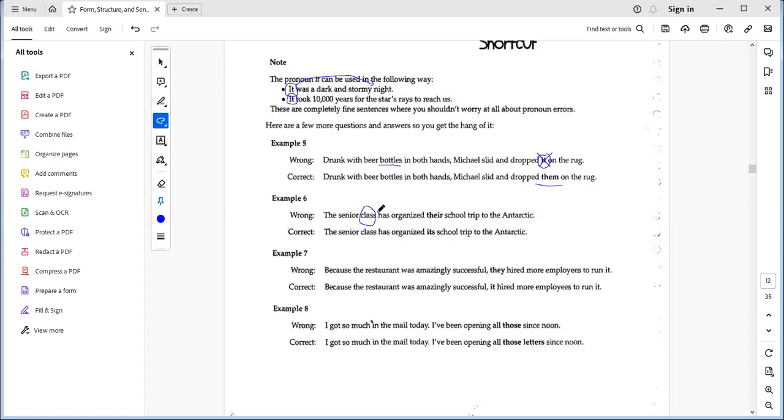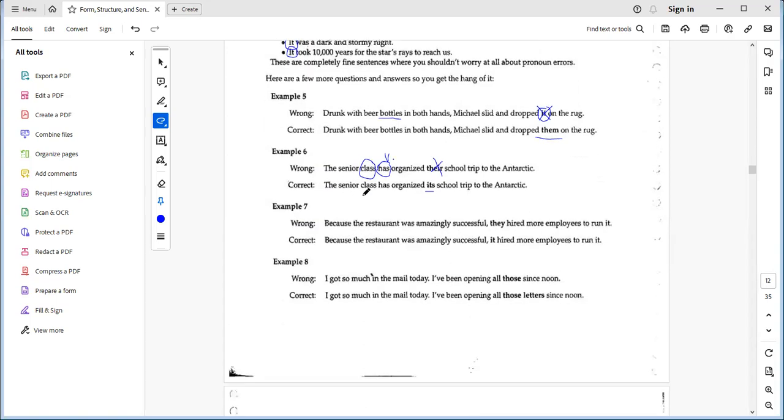Singular if it's as one unit, plural if it's individual. So here, the senior class has organized. "Has" is the verb in singular form, an indicator that it's singular. So you have to change it to "its."